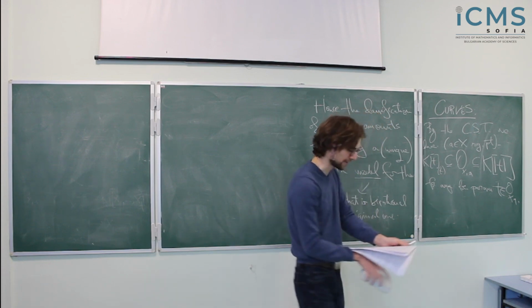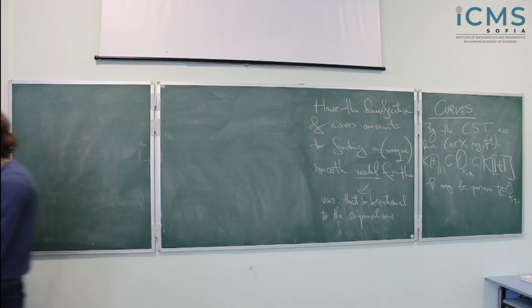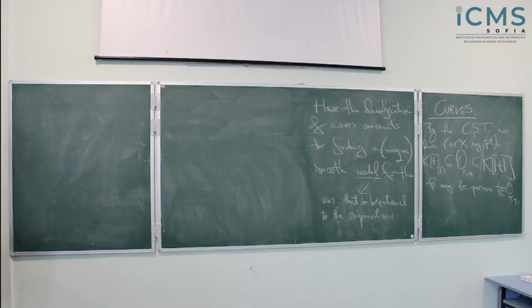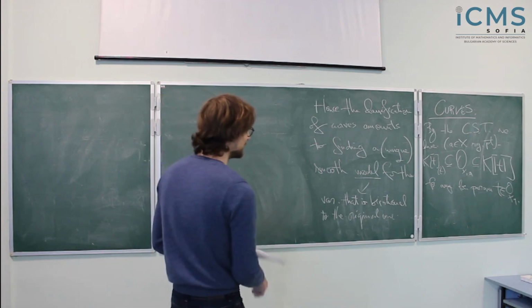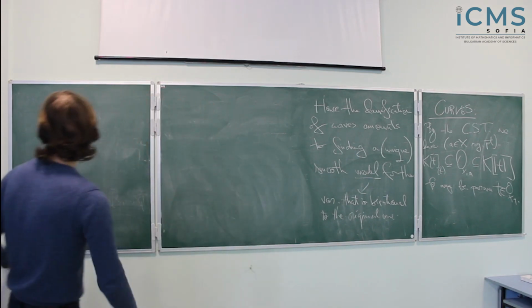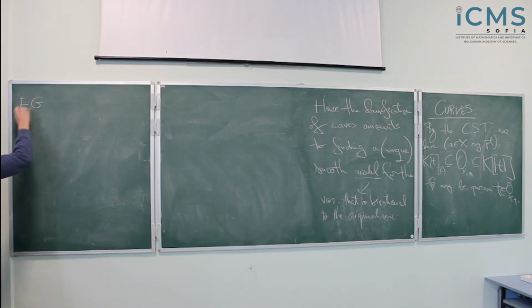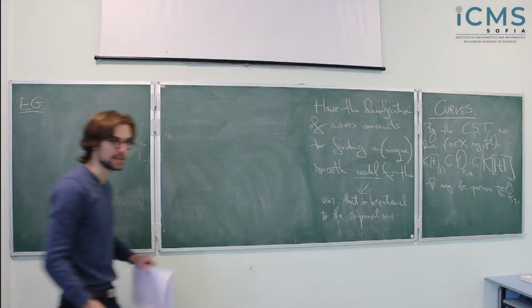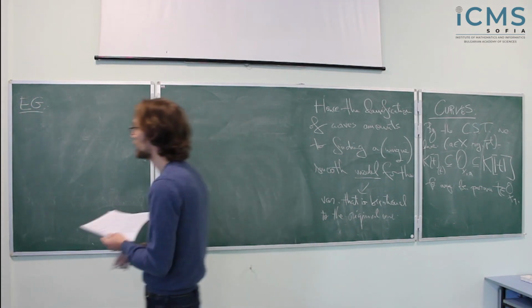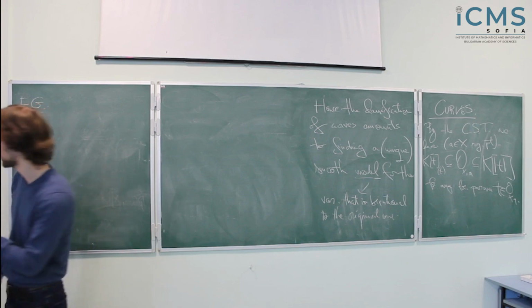I think this is an extremely important example. What's the difference between the local ring and its completion? Let's make an example for the non-smooth case. Yes, that's a good idea.